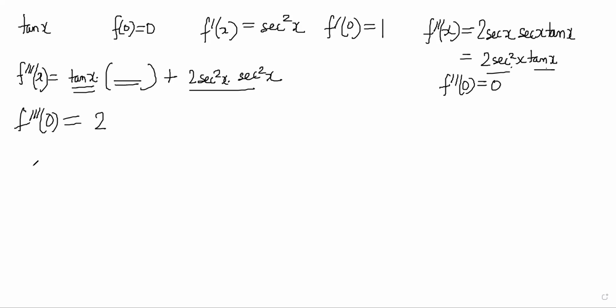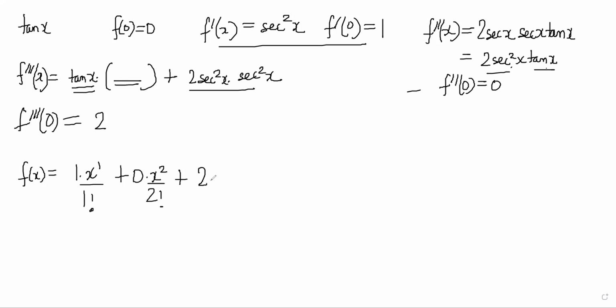So now let's write the series. So f(x) is equal to 0 plus this one. So 1 into x power 1 by 1 factorial. Second one is 0, right? Third one is 2 into x cube by 3 factorial, right?